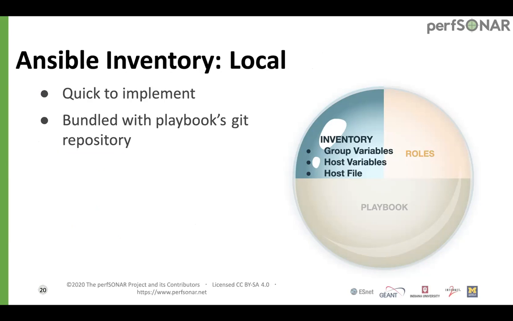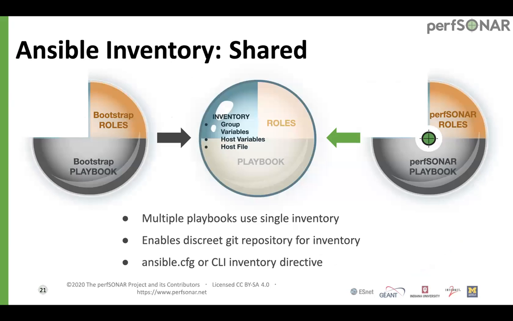So the easiest way to get up and running is to use an Ansible local inventory file. You basically just put it in the inventory and have it run. But what I prefer, and as a better best practice, is a shared inventory, where you might have an inventory for your site that describes all of your machines. And before you run perfSONAR, you might run your institutional Ansible Bootstrap against it.